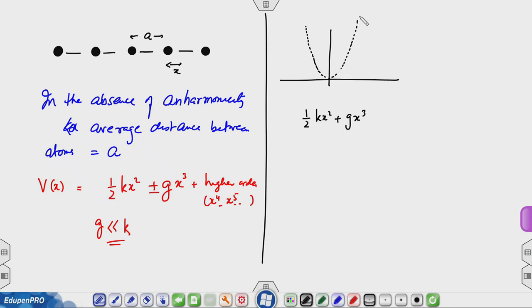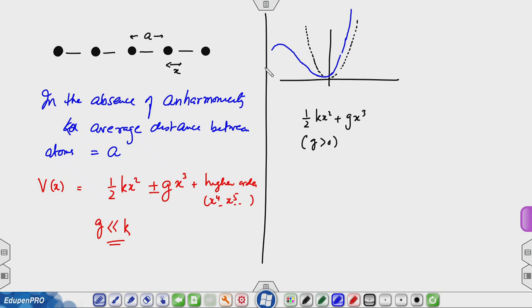And when you include this term, g being positive, so we are taking g to be greater than 0, it becomes larger on the positive side and less on the negative side, and probably at a very large distance it will flip, but this is how the potential is going to look.